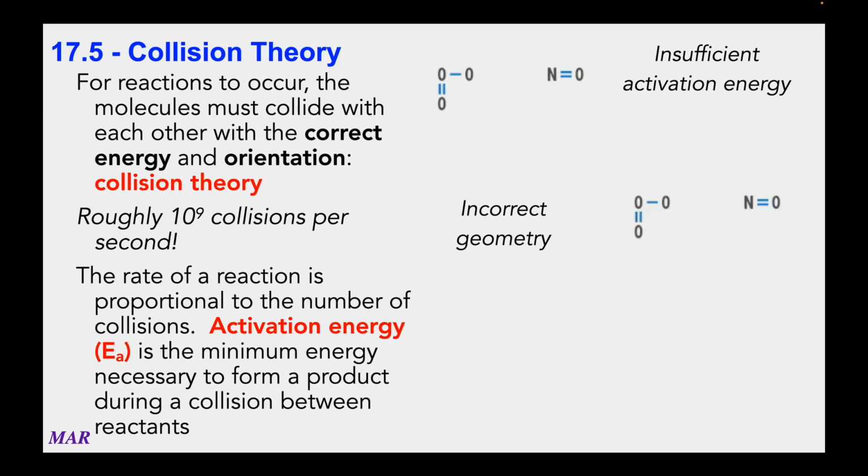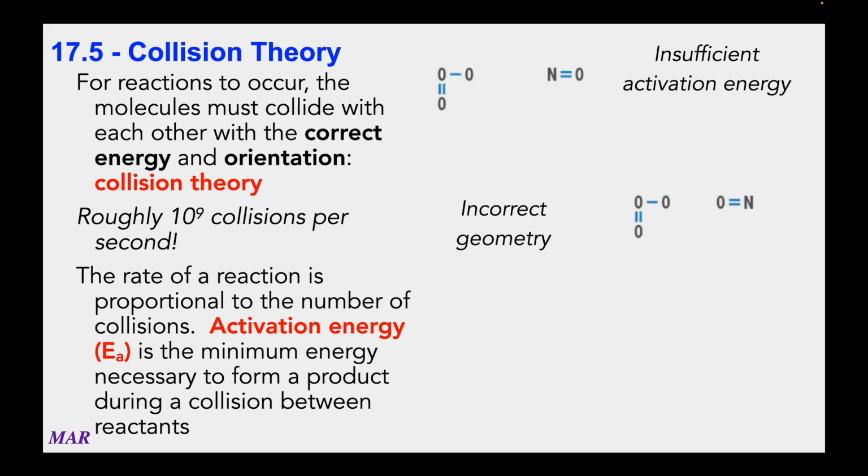If the two molecules collide with sufficient energy to overcome the activation barrier, but with an orientation that does not allow new bonds to form, no reaction takes place. The molecules will separate unreacted. Many reactants have a specific orientation or geometry that has to happen for the products to form. In this problem, we're going to make nitrogen dioxide, and the nitrogen must smash into one of the oxygens.